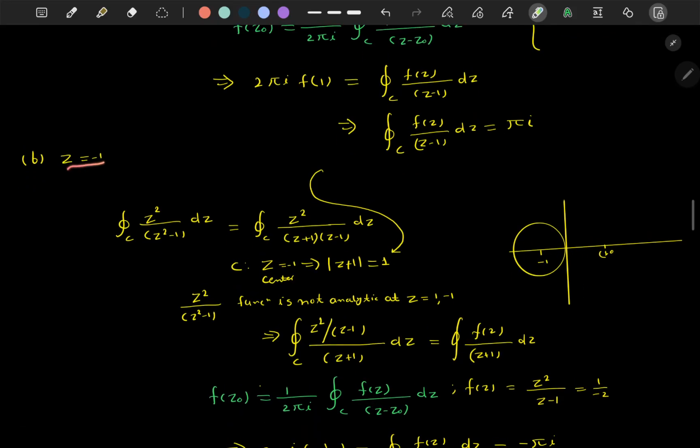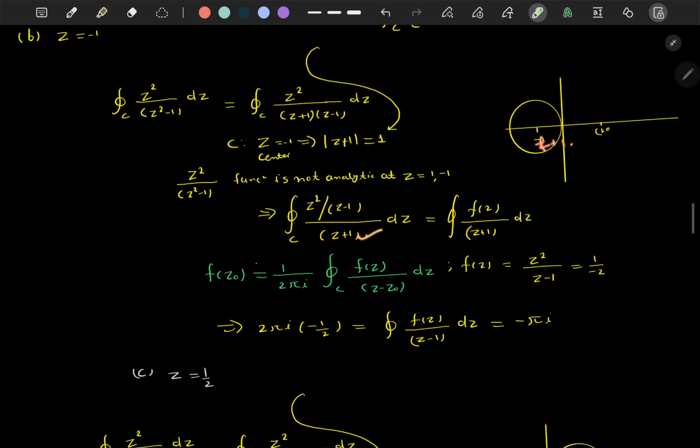Same, if it is given as z equal to minus 1, it means a circle of unit radius, but z equal to minus 1 is the center. So z equal to minus 1 comma 0 is the center. Now the point z equal to 1 lies outside, so it's very good. We don't have to worry about this point. But the point z equal to minus 1 is a singular point and lies inside the closed contour C. So in order to solve the integration, in the denominator we have to put z plus 1.